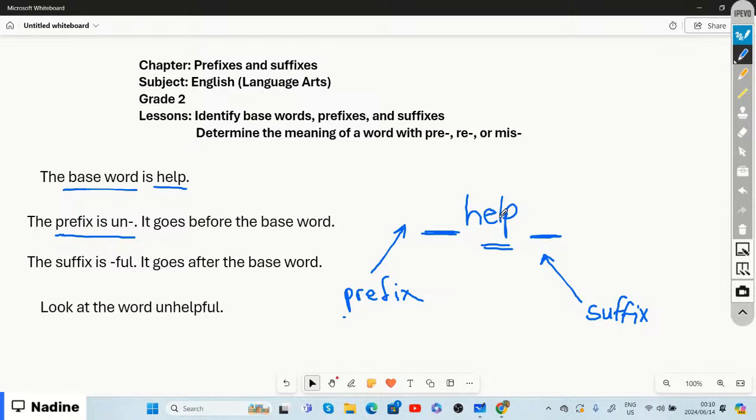And if we look, our prefix un means it goes before the base word, and here we will put our prefix un. And a suffix goes after the base word, and that will be ful. So if you add all of those parts together, it will be unhelpful.